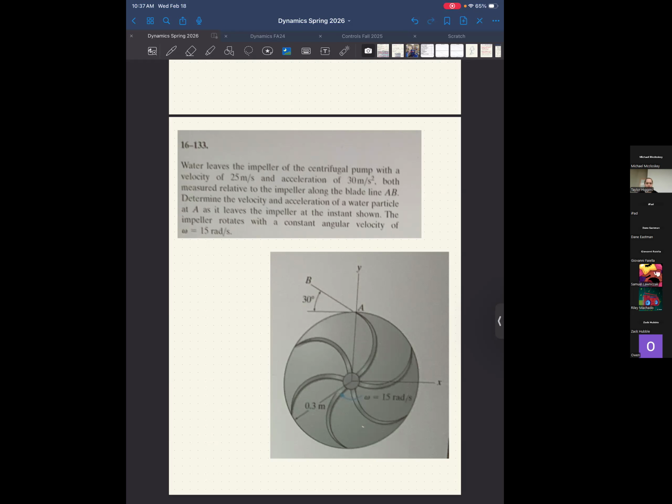That arrow's going clockwise, right? Which one? The omega arrow. Yeah, it looks clockwise to me. It is definitely clockwise.